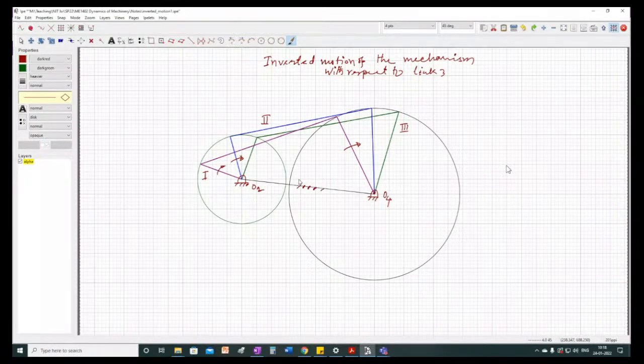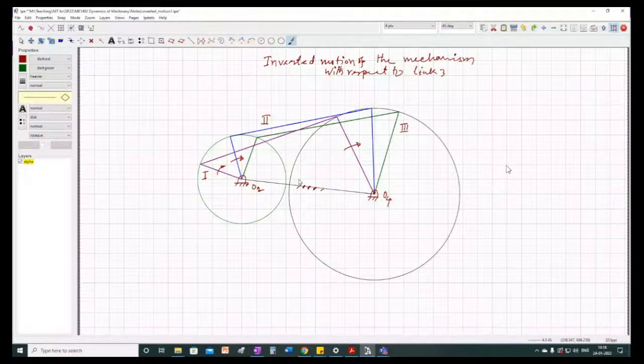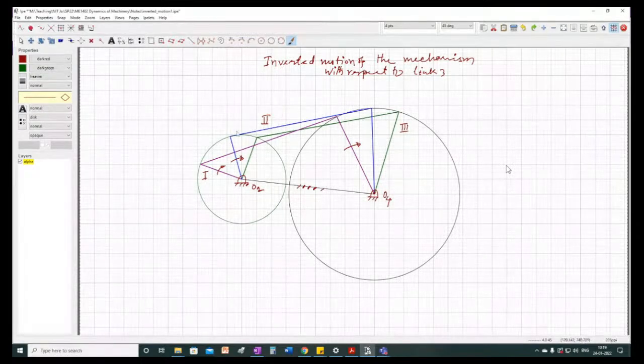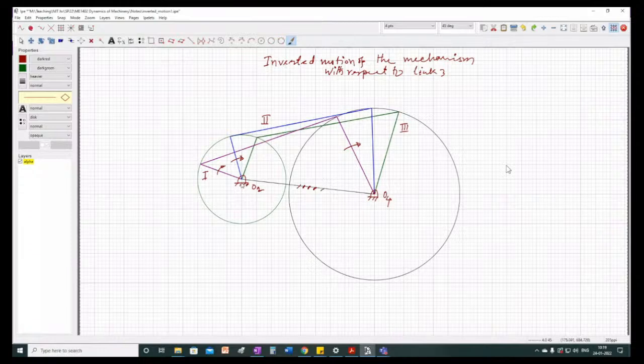With respect to link 3, the other links will also rotate. Now I will consider the same rotation. Link 2 is rotated from position 1 to position 2 by this much. After this rotation, this is the configuration of the mechanism in the second position.